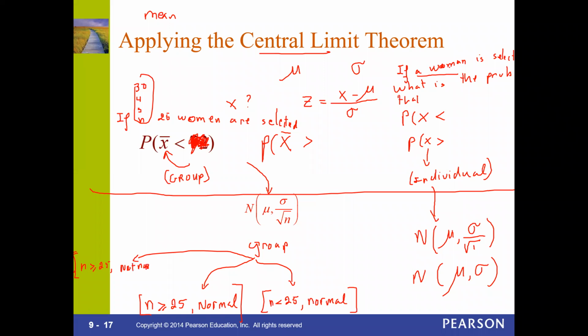Okay, not normal. That's the third case. But 25 is kind of sketchy, I mean, scary. Let's put very large, okay? In this case, it has to be very large, etc.